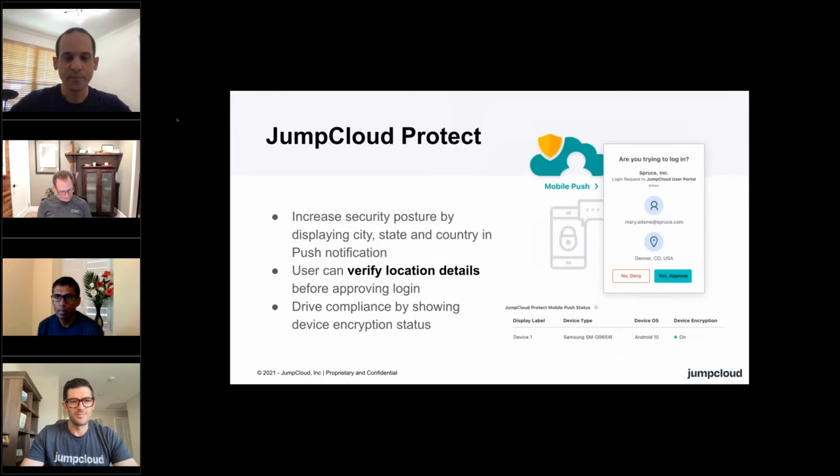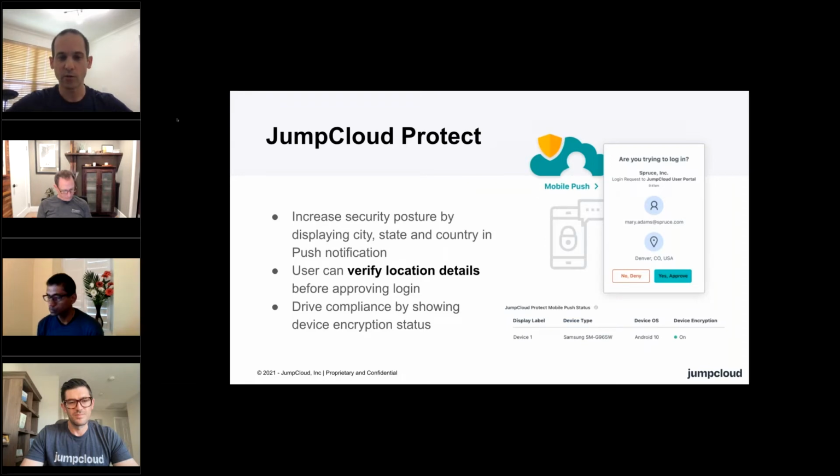Moving on, when we think about JumpCloud Protect, one of the things that we've been hearing a lot from customers and prospects is concerns about different types of factors and how they play into a security posture. We are continuously looking at how we improve security of different factors used to log into JumpCloud managed resources. And one of the nice additions we're bringing into JumpCloud Protect is the ability to identify where the push request is coming from.